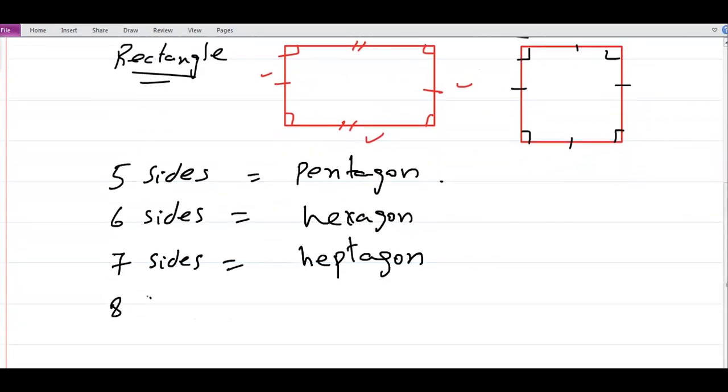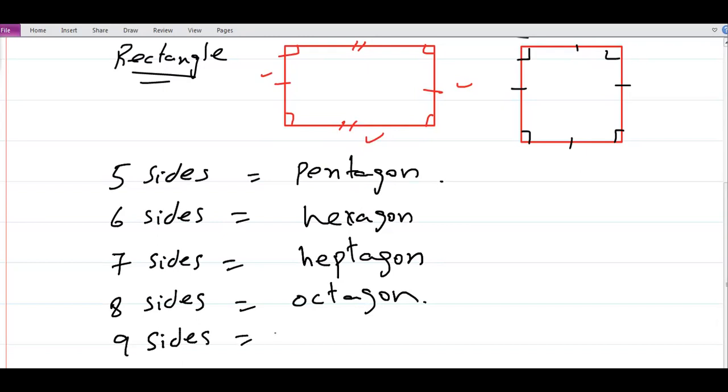Eight sides, octagon. Nine sides, nonagon. And 10-sided shape, decagon.